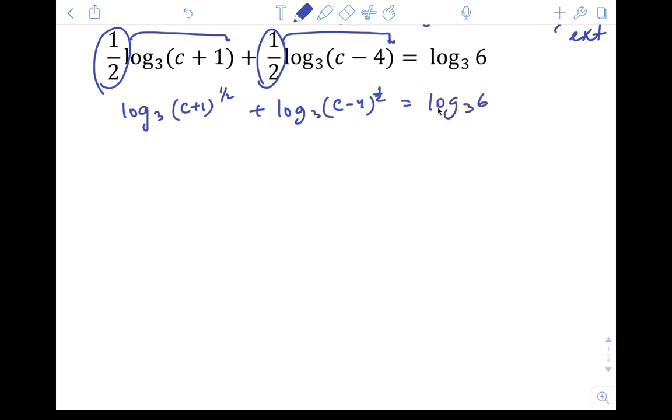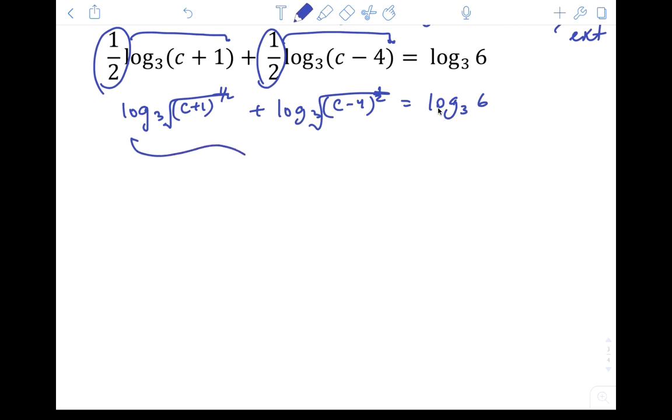And that's going to equal log base 3 of 6. So you notice, I'm hoping that you notice, that the 1/2 power, remember, that's really a square root. Both of those are square rooted.